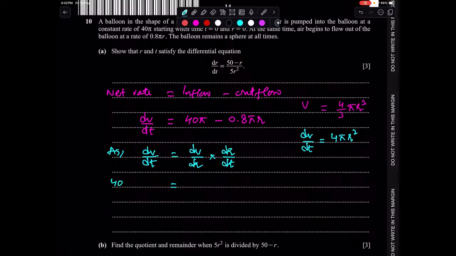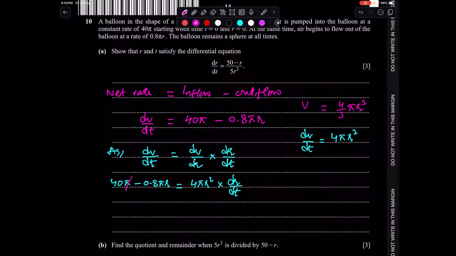So 40 pi minus 0.8 pi r is here. dV upon dr is 4 pi r square. dr upon dt, we have to prove it. So divide 4 pi r square on the other side, or you can take pi common first.